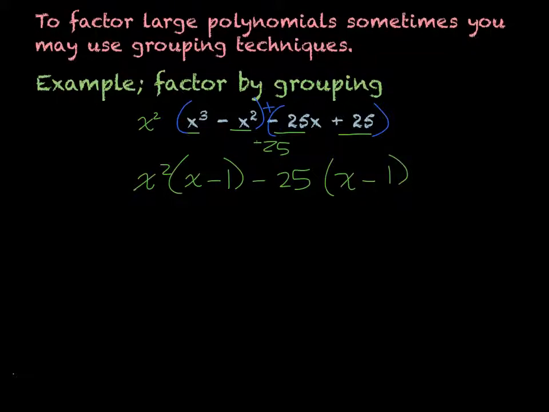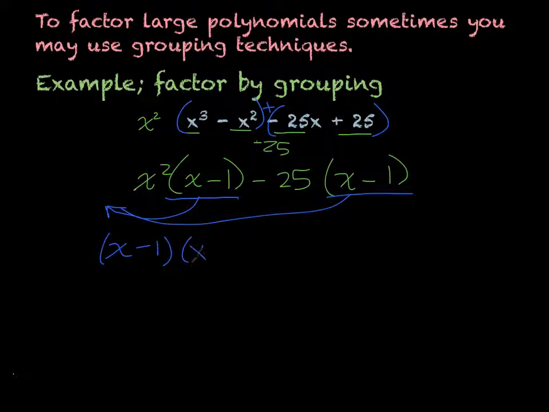Now the reason we use the grouping method here is because when we factor that out, then we have an x minus 1 and x minus 1, so we can factor out the x minus 1. So that would give us x minus 1 times x squared minus 25.